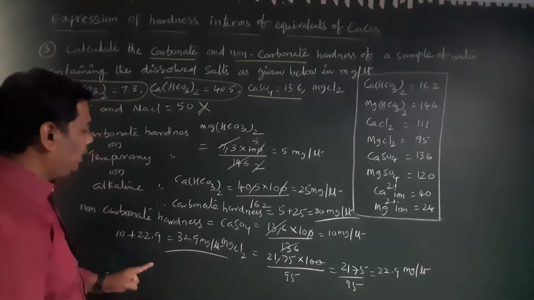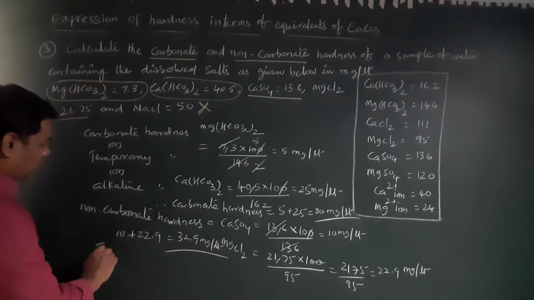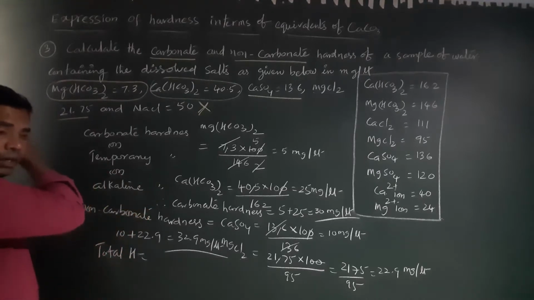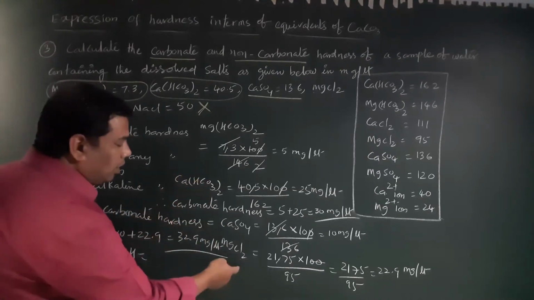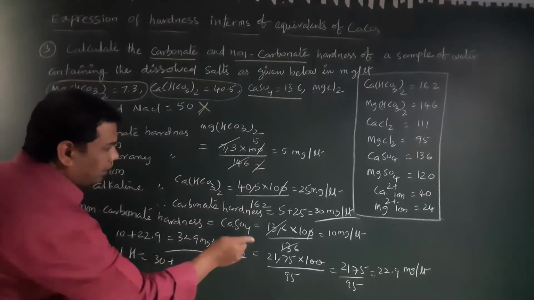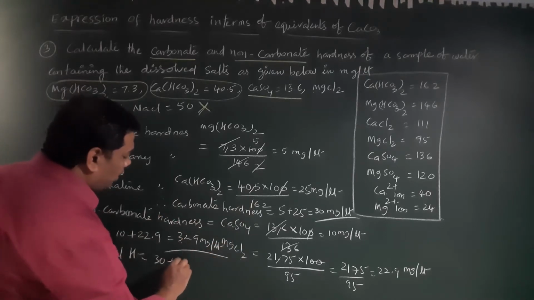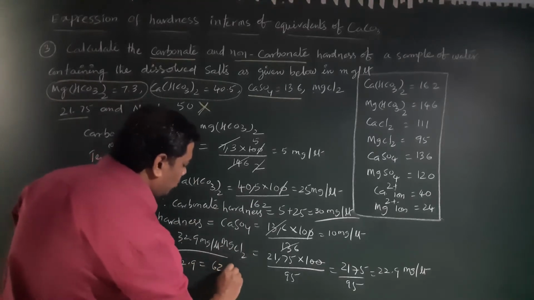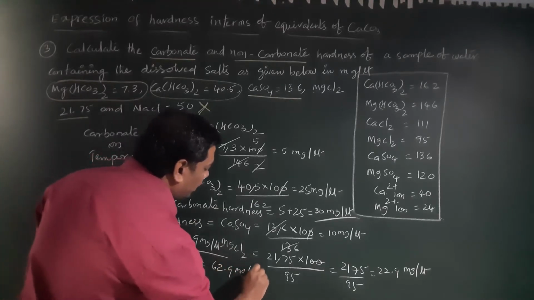Now calculate total hardness, student. Total hardness is equal to carbonate hardness plus non-carbonate hardness. Carbonate hardness is 30 and non-carbonate hardness is 32.9, that is equal to 62.9 milligram per liter.